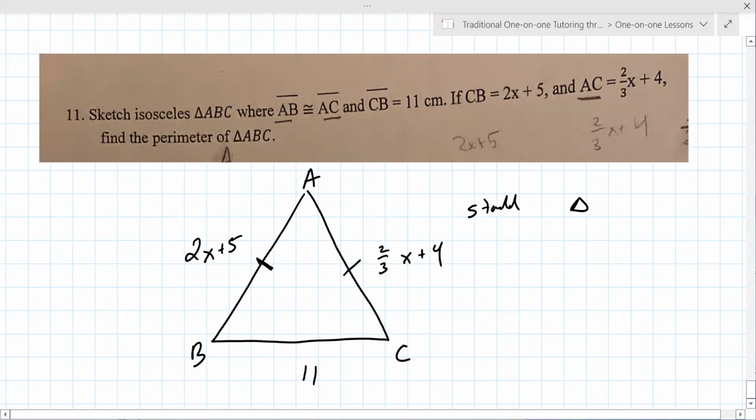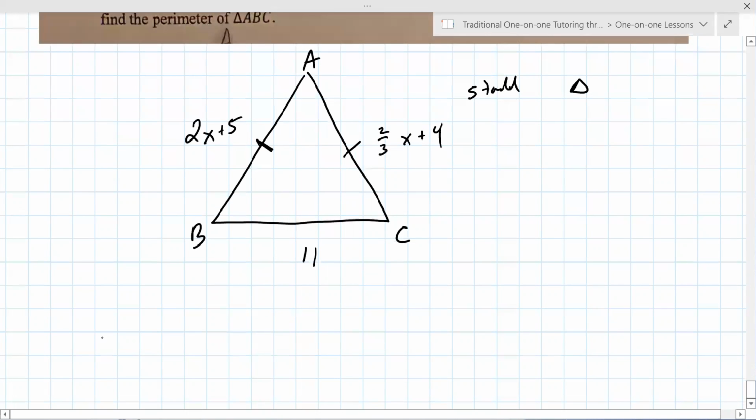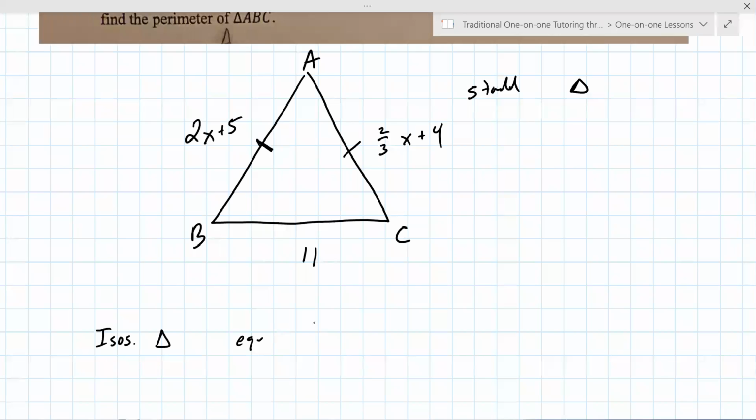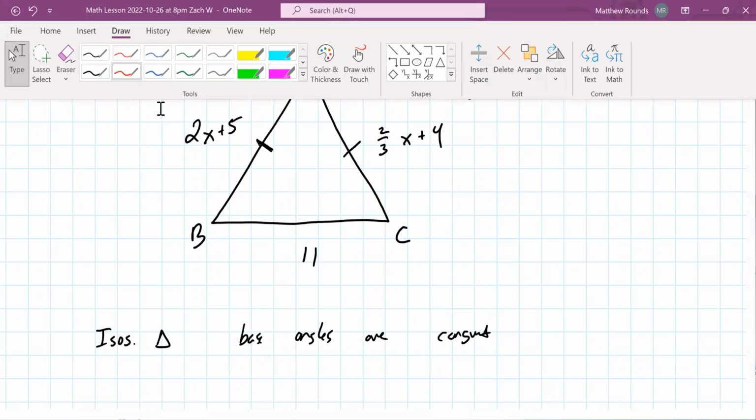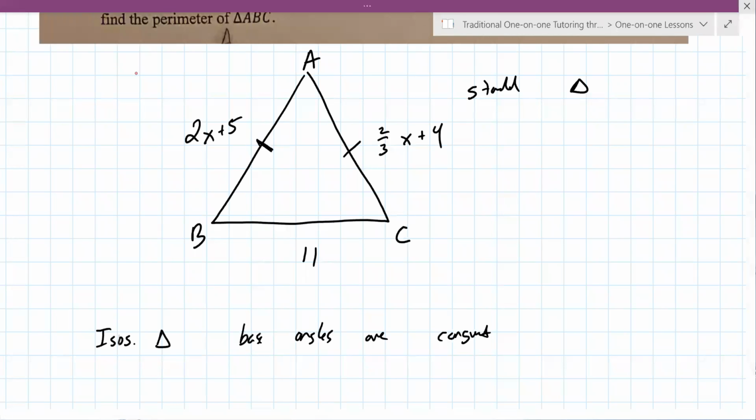So in an isosceles triangle, you have equal base angles. Base angles are congruent, which doesn't matter in this problem, but the base angles are right here, these two.